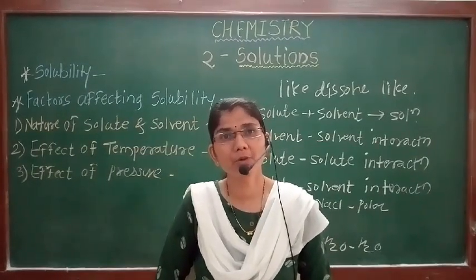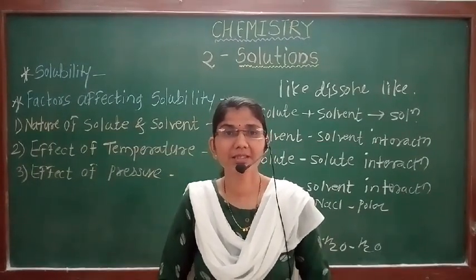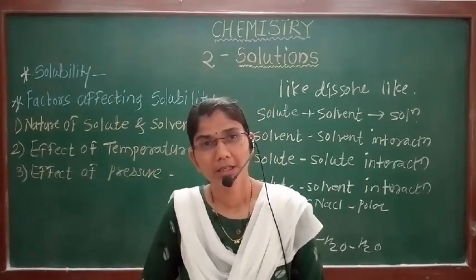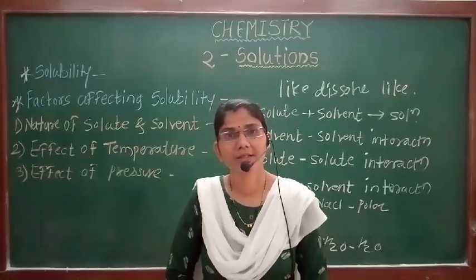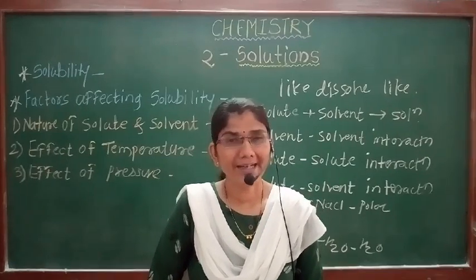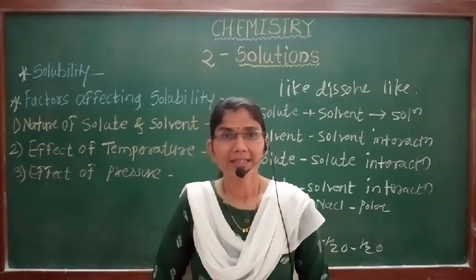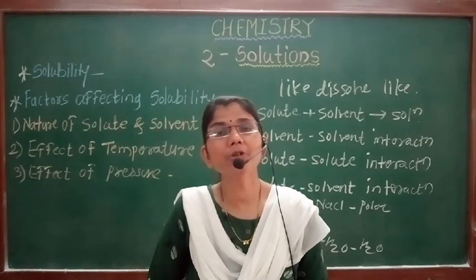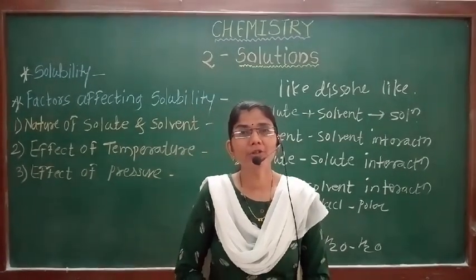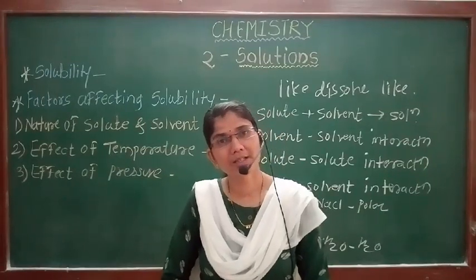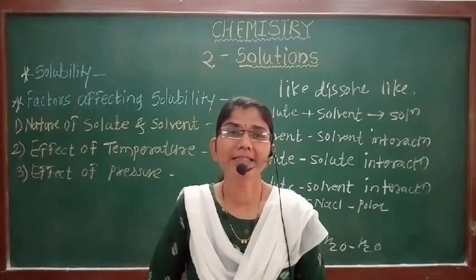Sugar is C12H22O11. This is the formula for sucrose. It is converted into glucose plus fructose. But sucrose contains carbon and hydrogen, and when it interacts with water, due to intermolecular hydrogen bonding, the sugar dissolves in water.